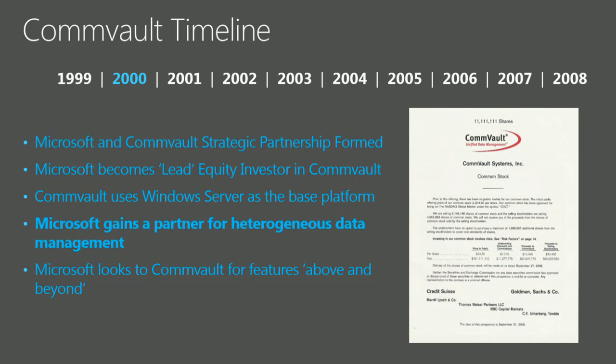Many of you may remember NT Backup. It was okay, did its job, but a lot of mid-size and high enterprise needed much more robust capability. They needed granularity. They needed support for outside of the Microsoft stack, and that's where CommVault fits, that above and beyond capability that Microsoft will provide in the box. And that's the premise for the partnership 15 years ago, premise for the partnership today, and the premise going forward.